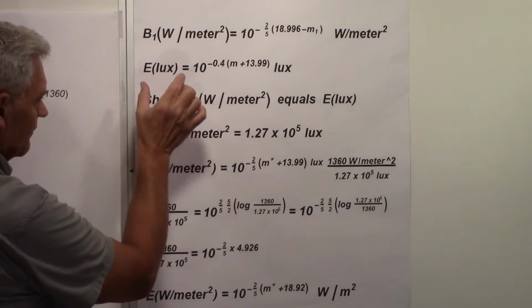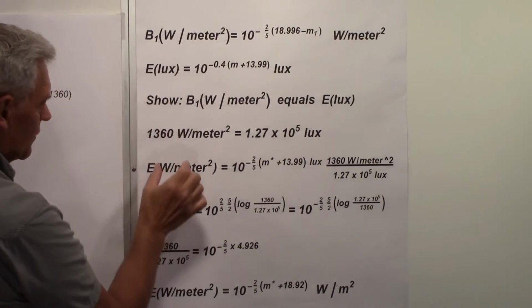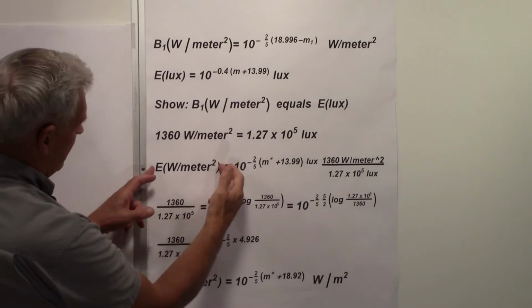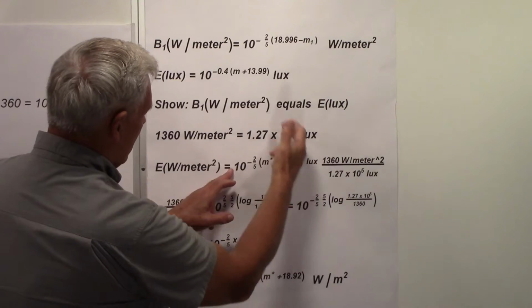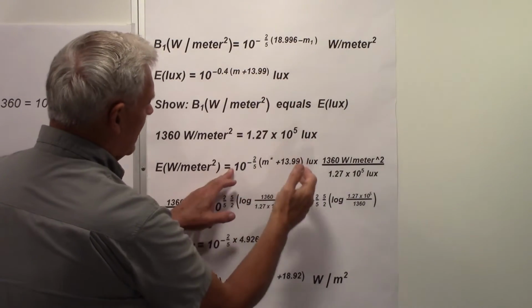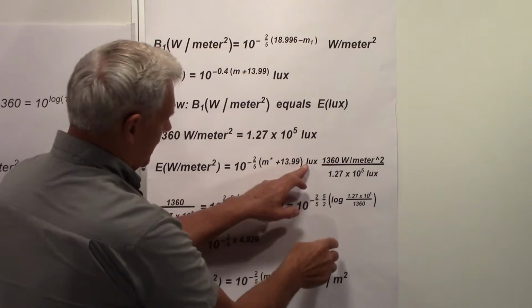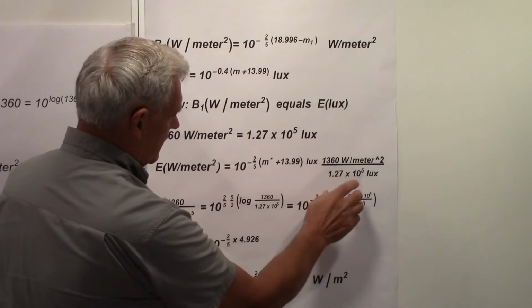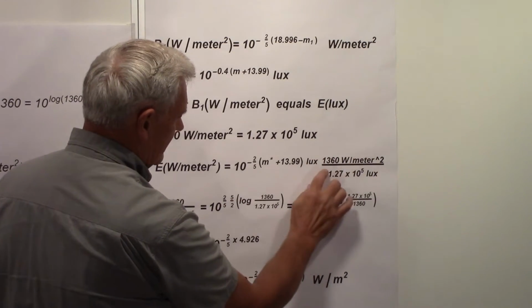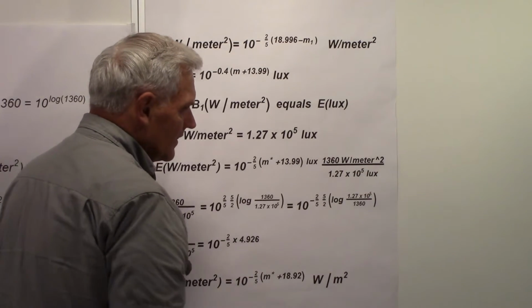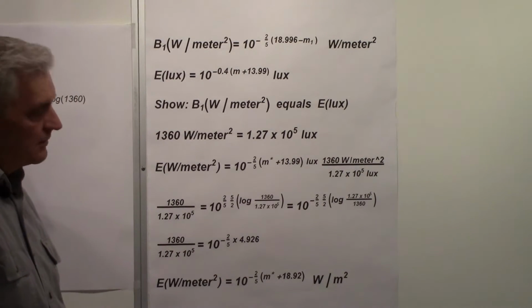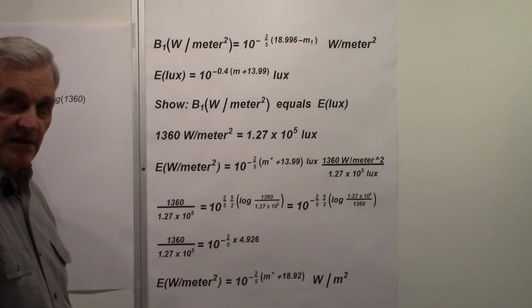So we want to convert their lux to watts per meter. So now we have the same expression. We have the same term here. We have the lux, but what we're going to do now is multiply all of that by the 1360 watts per meter squared divided by the 1.27 times 10 to the 5th lux.